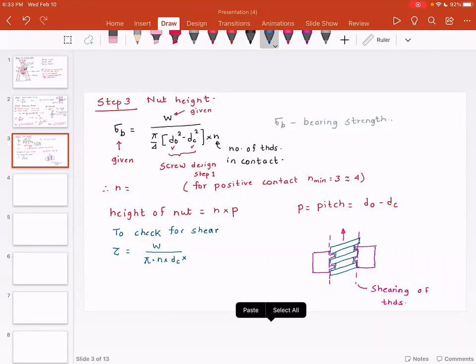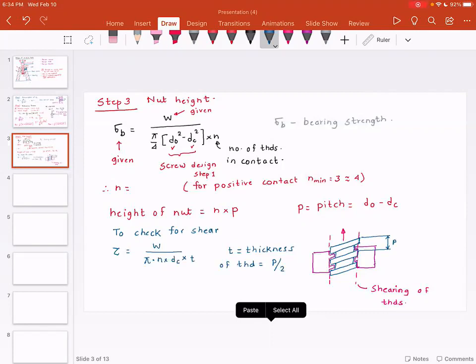Now, to find out the number of threads in contact, I want you to visualize the pitch. For a second, when you look at the pitch from here to here, this is the pitch. So the thickness of the thread, T, is equal to P divided by 2.